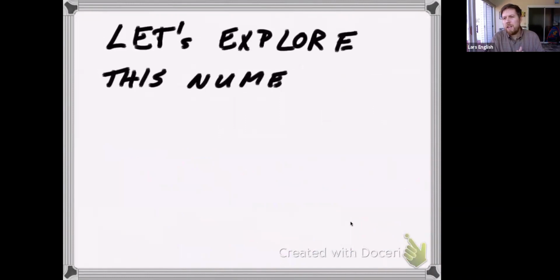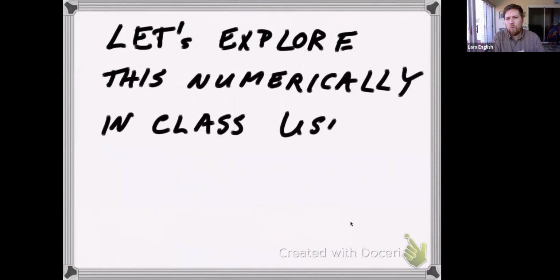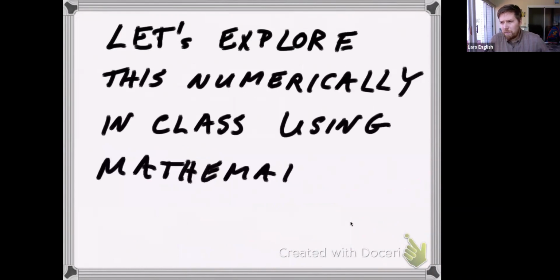So what's left then to explore is what happens when P is not 0. The best way to do that is to explore it numerically using Mathematica, for instance, or any other numerical software that you want to use. But Mathematica is particularly useful here in this context.